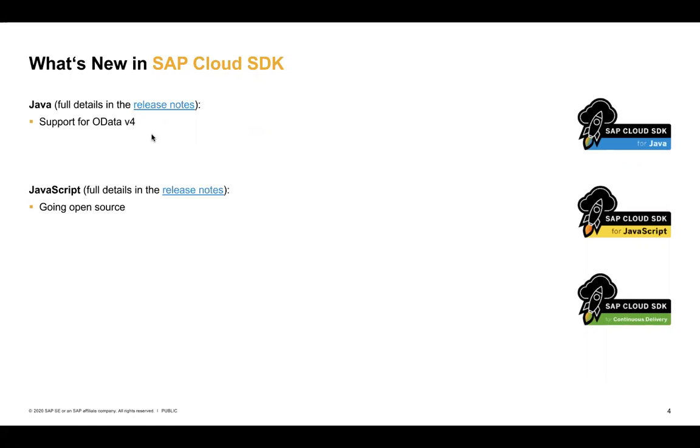So right now it's also implemented in the Java component. On the JavaScript side, we worked towards open sourcing a component, and this is the topic of today's session. In the next minutes, we'll see more on the open source part under JavaScript.